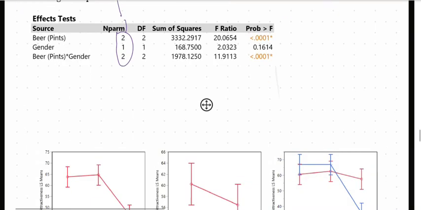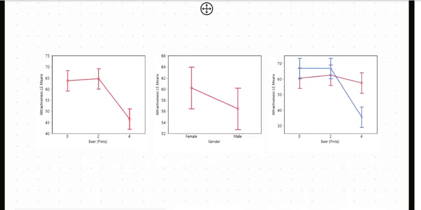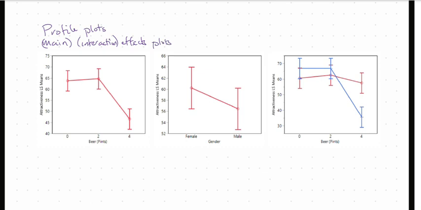What does this look like graphically? We can do this using profile plots. We might call these profile plots, or main or interaction effects plots as appropriate. Or we might call them means plots, because what is actually being plotted at each of these points are the group means.